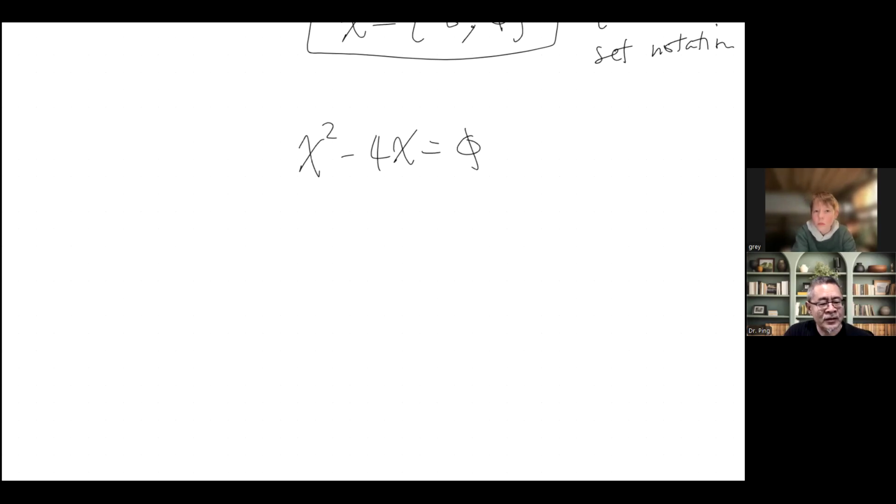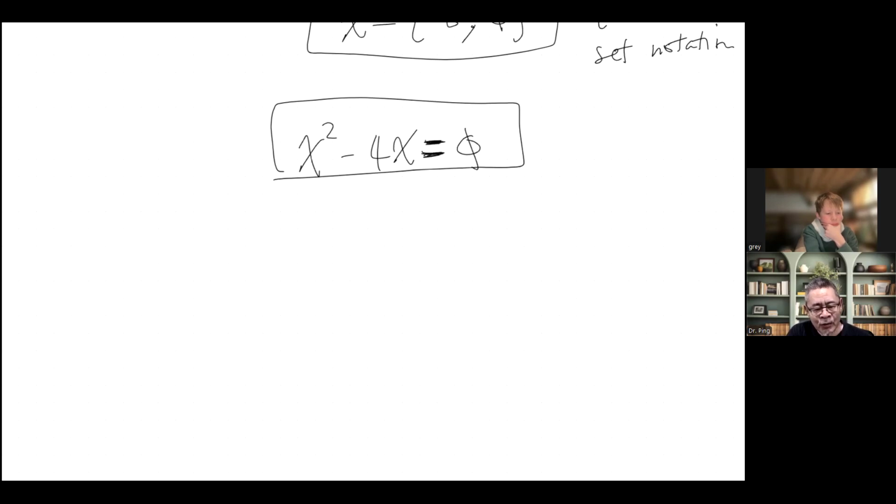Well, that's not the case. So remember this equation here. What we're trying to solve is to figure out what value of x makes the equation true, makes it equal to 0.